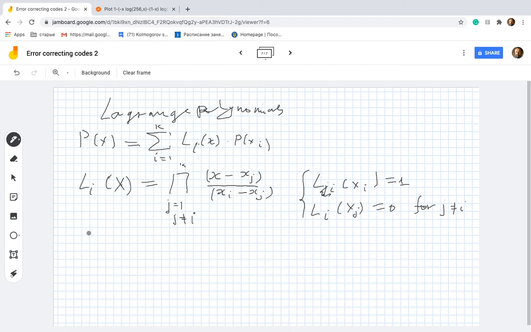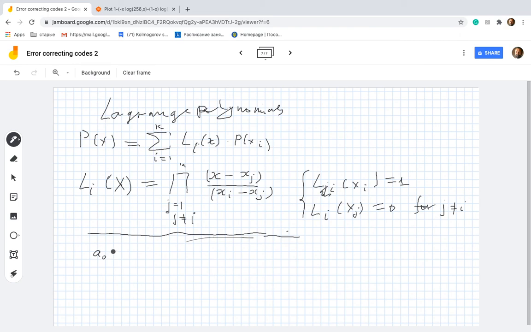But for us, another way will be more important, which is the following. To reconstruct the coefficients, we can solve a system of linear equations. Indeed, assume that the coefficients are a0, a1, and so on.